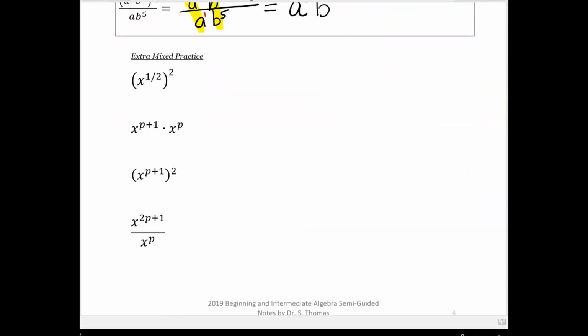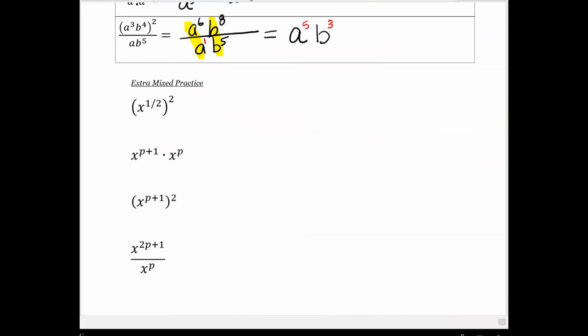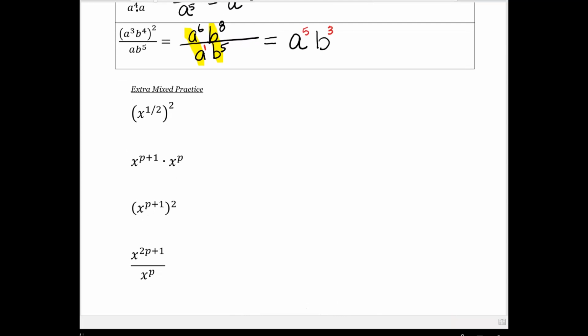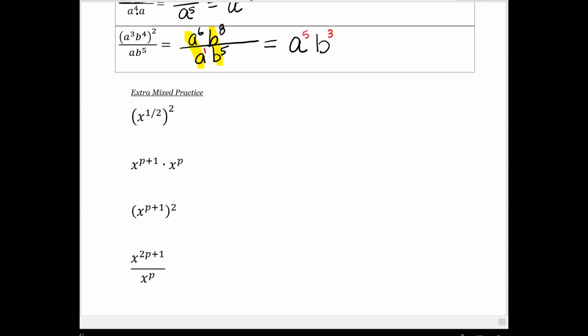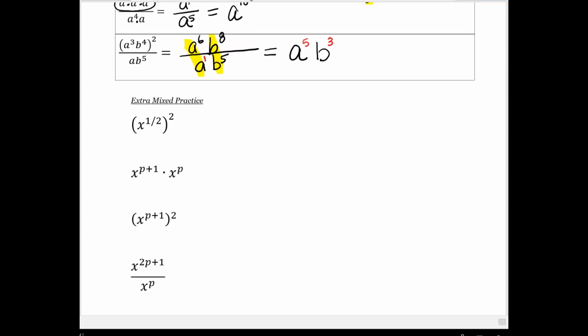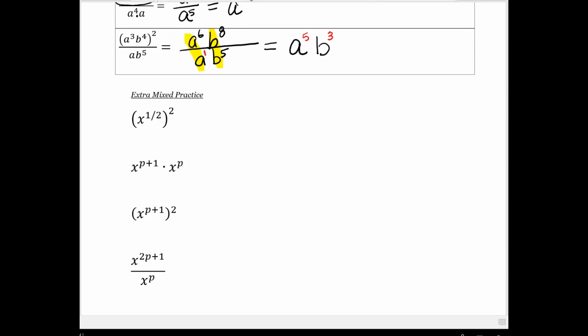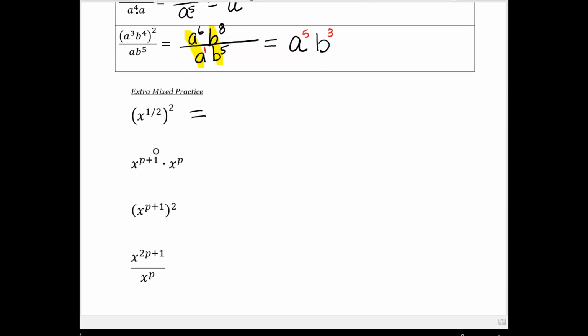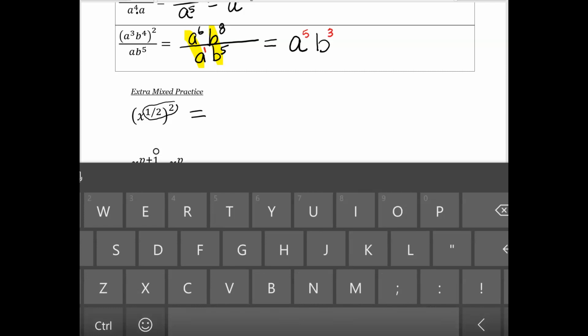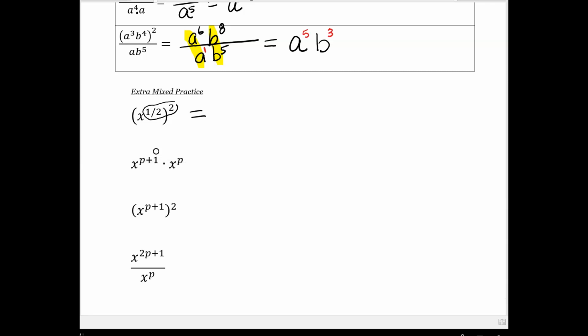Then I have 4 more problems that will challenge you to think a little bit, that are a little outside of the box of what we've been talking about, but using the same rules. So x to the 1/2 squared. Now the rule is to do what with these exponents? Multiply them. So in this case, you would have to understand how to multiply 1/2 times 2, right?